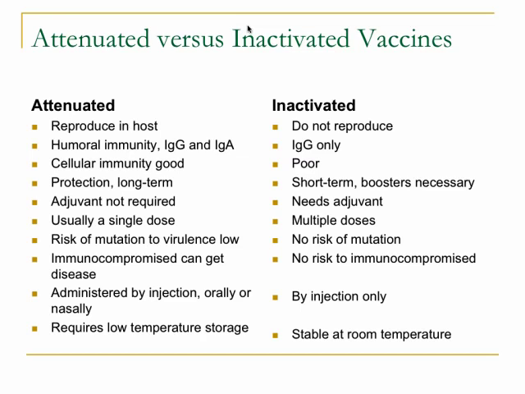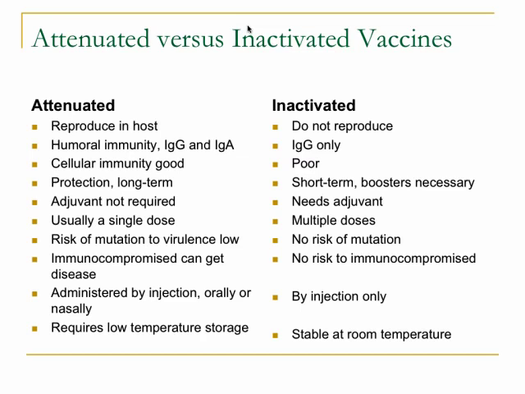So it's able to induce humoral immunity, so your memory B cells that would be producing IgG, also mucosal immunity in the case of IgA, and also cellular immunity, so T memory cells. The protection is very long-term, usually lifelong. There are no additional substances that need to be added in order to elicit a good immune response, so no adjuvant required. Usually only a single shot will do the trick for a lifetime.